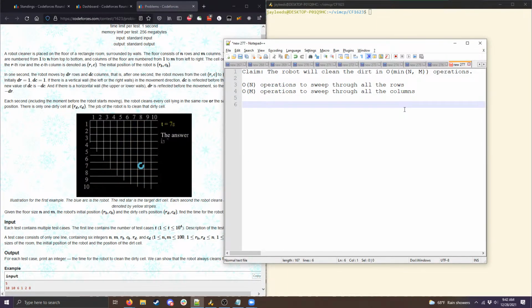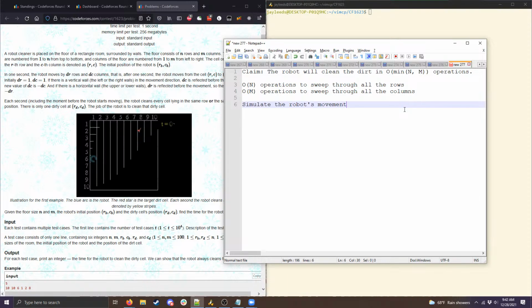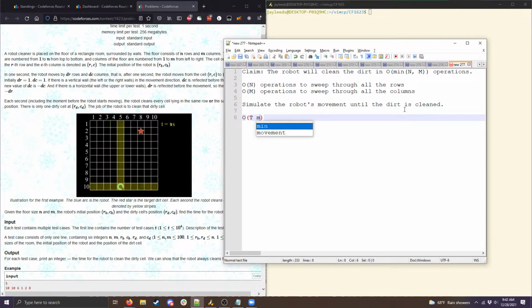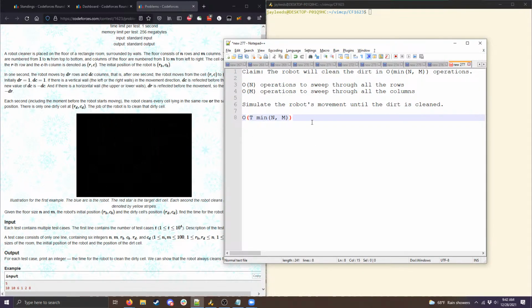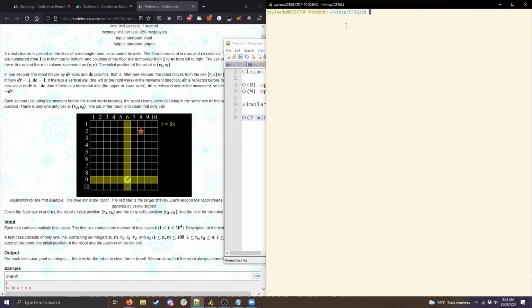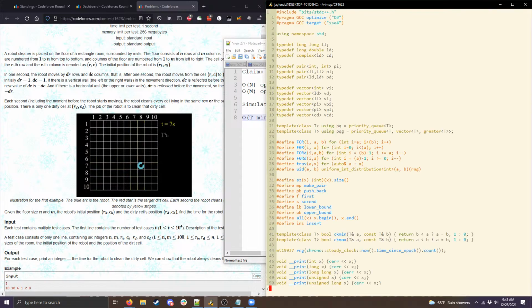So what we can do is just simulate the robot's movement until the dirt is cleaned, and that's going to run in O(t times min(n, m)) time, and with t up to 10^4 and n and m up to 100, or 10^2, this evaluates to 10^6, which is enough to pass pretty easily. So I'll walk through my code.